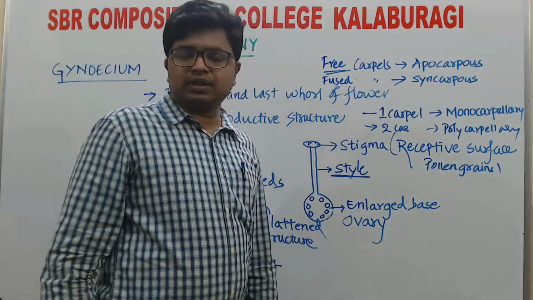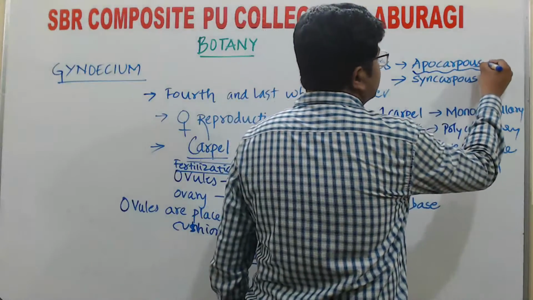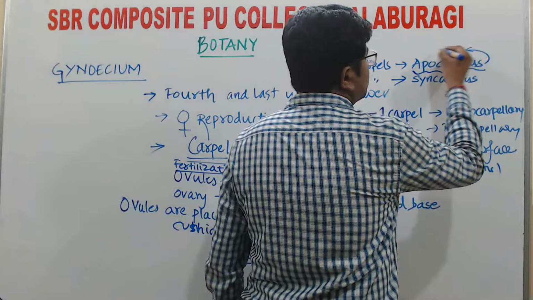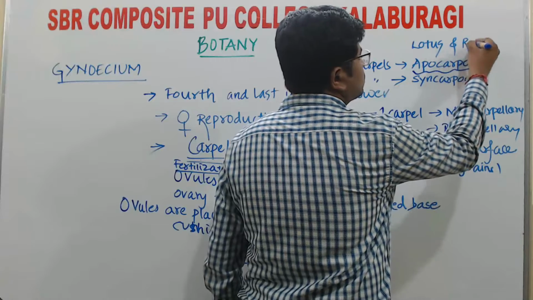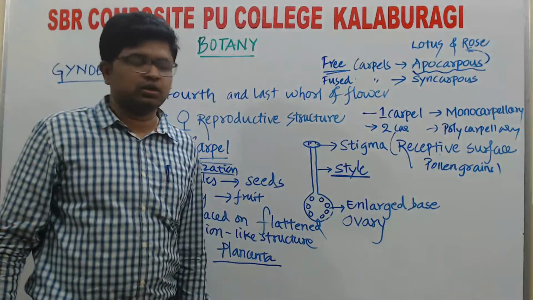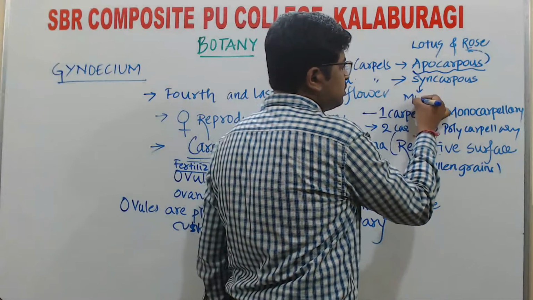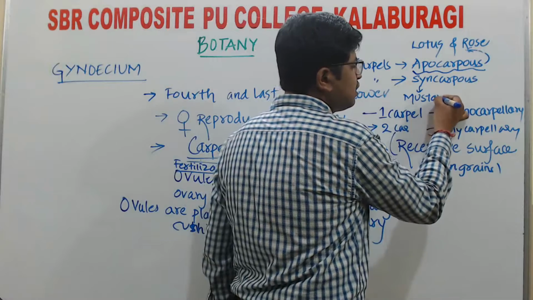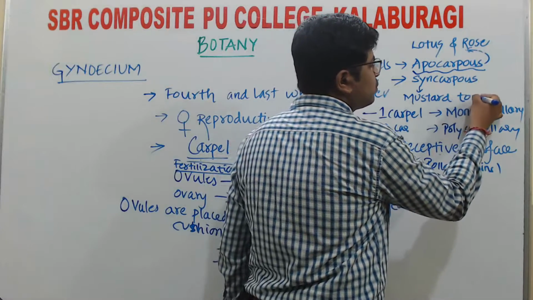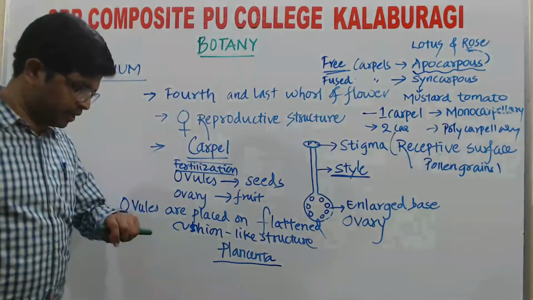Now, for apocarpous, the examples are very important as per your syllabus. It is lotus and rose. Whereas for syncarpous, it is mustard and tomato.